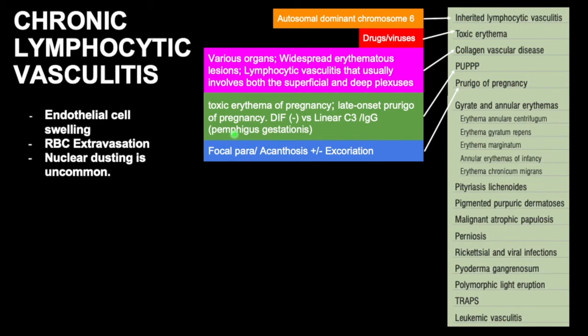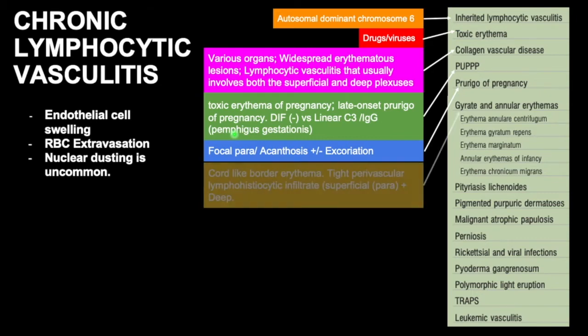In addition, acanthosis, and plus minus excoriation with bacteria. Gyrate and annular erythema: we talked about one of those in the spongiotic lecture, erythema annulare centrifugum, and you need to know this for the test.